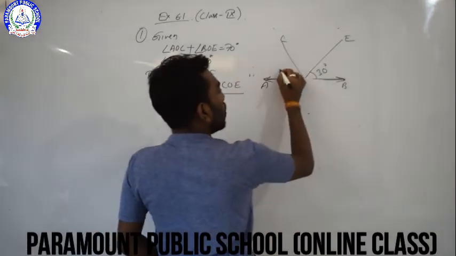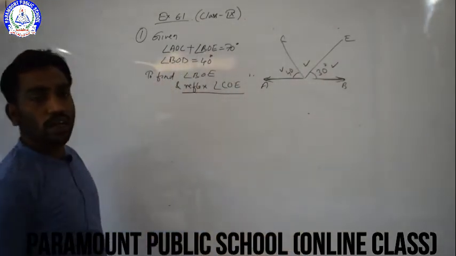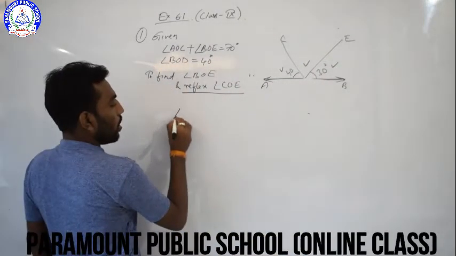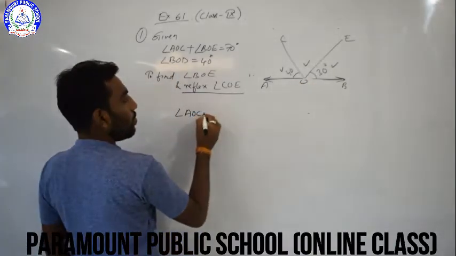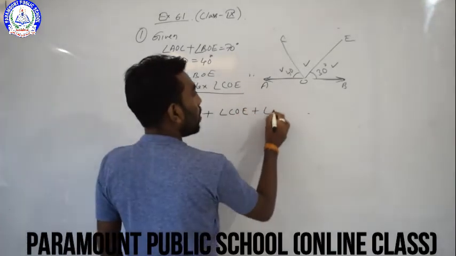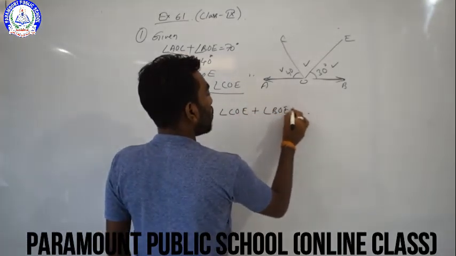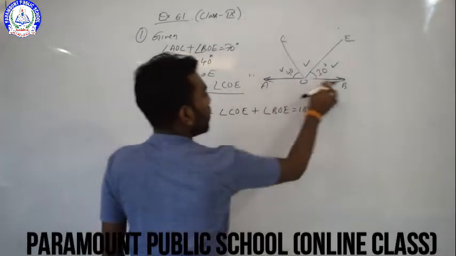So we know this angle plus this angle plus this angle will be 180 degree. So angle AOC plus angle COE plus angle BOE is equal to 180 degree. Why? Because AOB is a straight line.